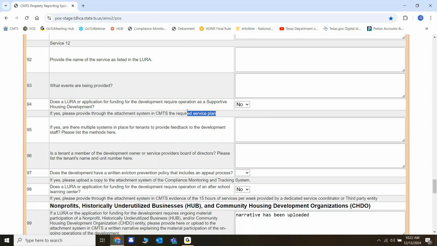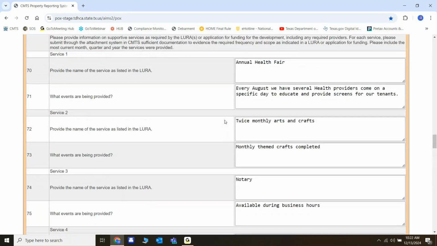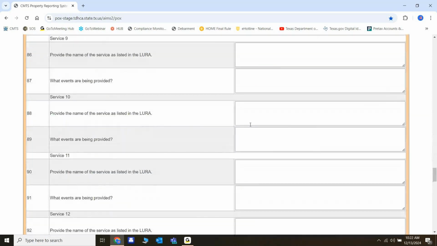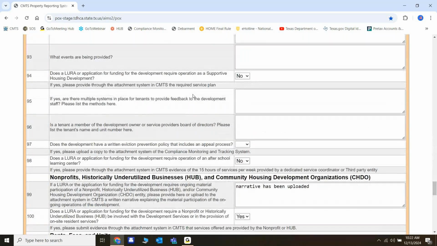So we just want to see the plan, because I'm guessing that most people that have this requirement are going to say, okay, I have to do 10 points of supportive services, plus some of them have to be from this service plan. So I'm going to make sure they're the same. I'm not going to do 10 points of services plus an additional this service, right? So I'm going to marry these together.